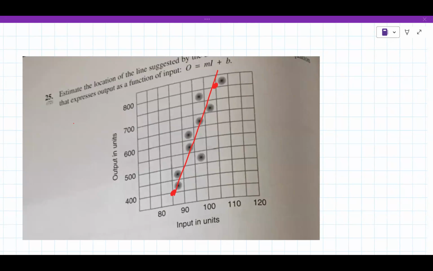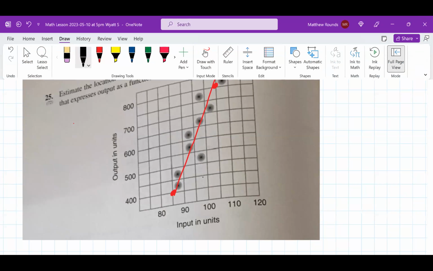Alrighty. Okay, so the points would be 85, 400 and 105, 800.